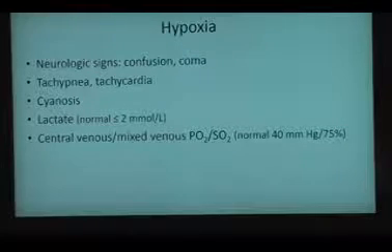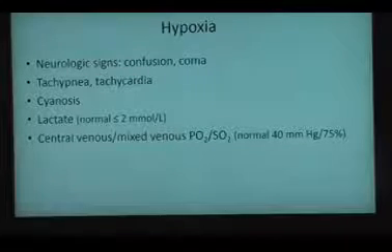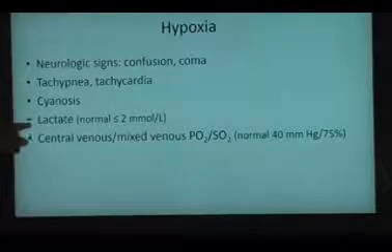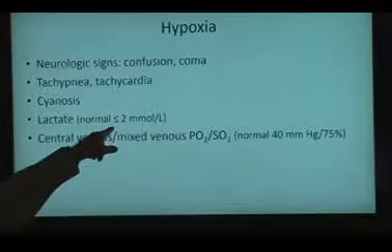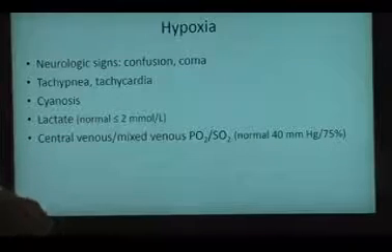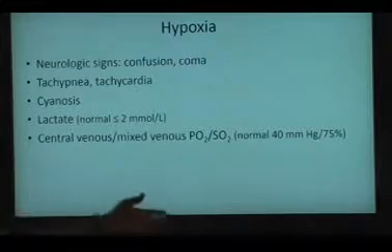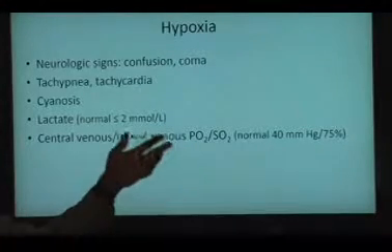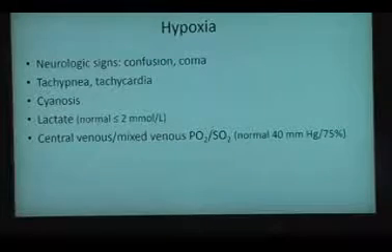Increasingly, the 2 measures that I believe are being used to assess hypoxia are lactate and central venous or mixed venous blood gases. Normal lactate is less than 2 millimoles per liter. In patients with tissue hypoxia, the lactate is elevated. I believe lactates are now used pretty routinely in patients with sepsis, for example, to monitor the degree of hypoxia.